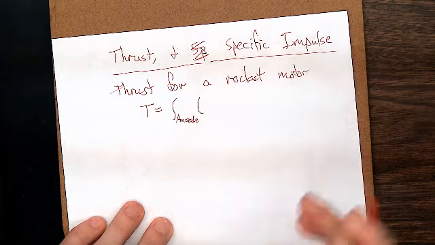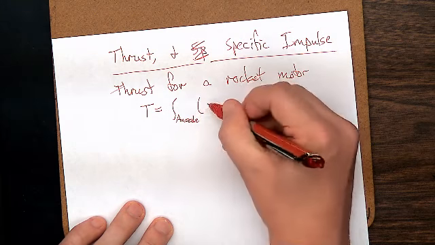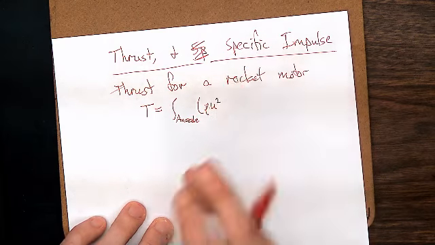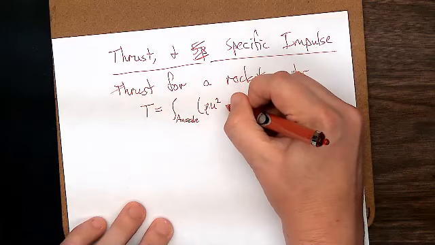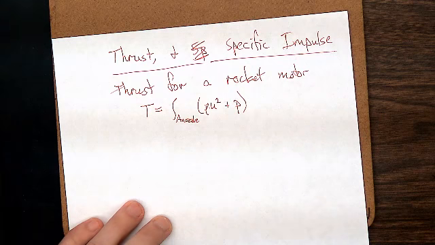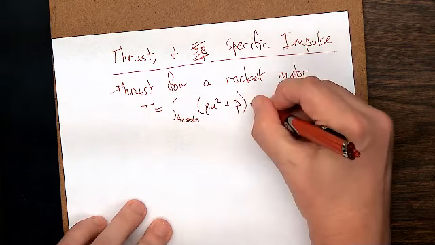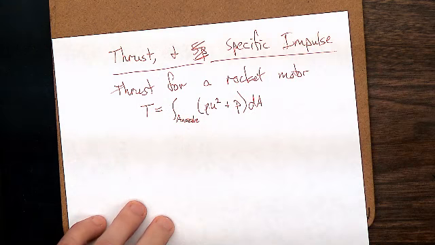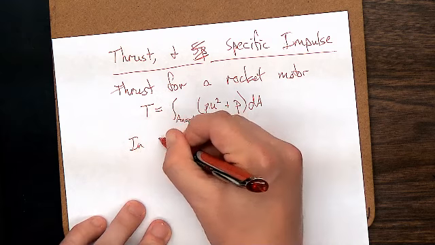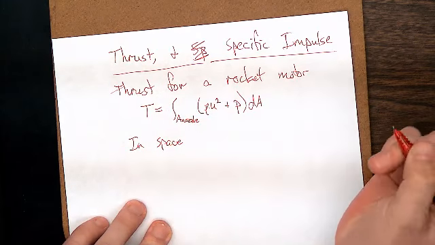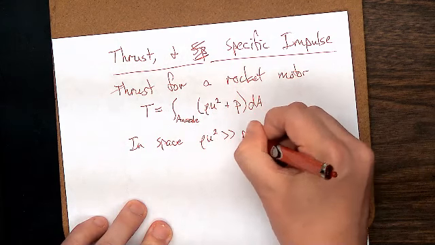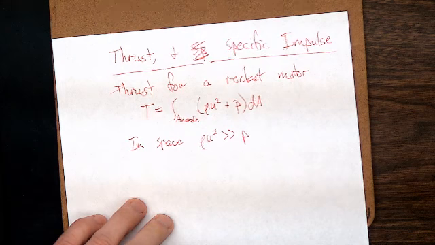And our momentum flux is rho times u squared, and then we could have a pressure acting at the nozzle exit depending on the local conditions, dA. In space, this rho u squared term is typically much greater than the pressure term, so we tend to drop that, ignore it.